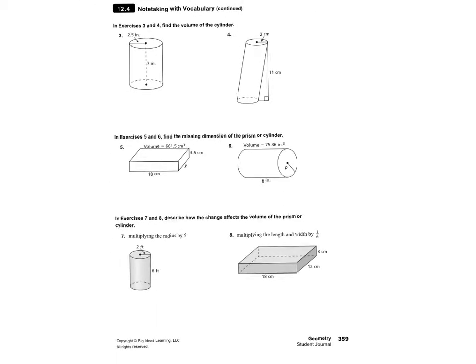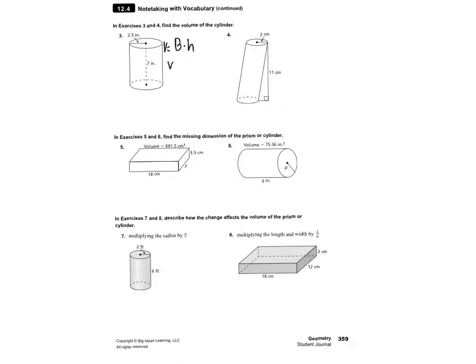So for this next part, we are given 2 different types of cylinders. One of them is a right cylinder, and the other one is an oblique cylinder. So let's start off by looking at this one. For the volume of this cylinder, once again, we're going to do base times height. Volume equals base times height.